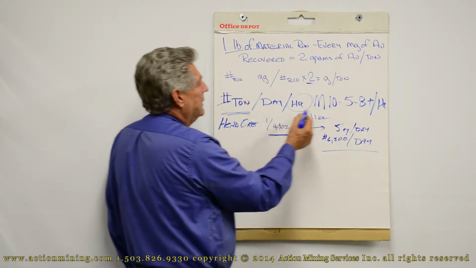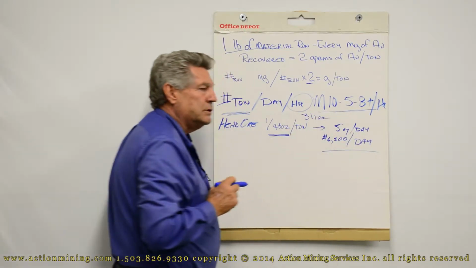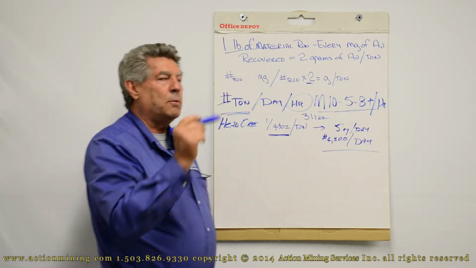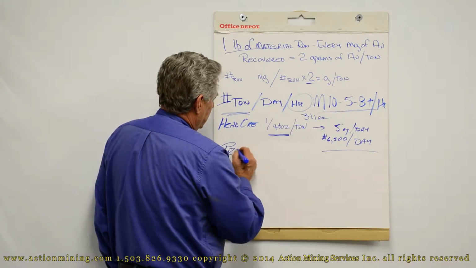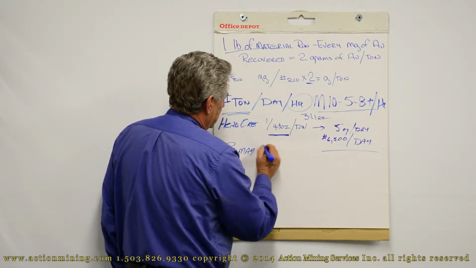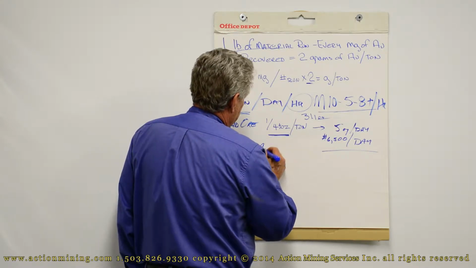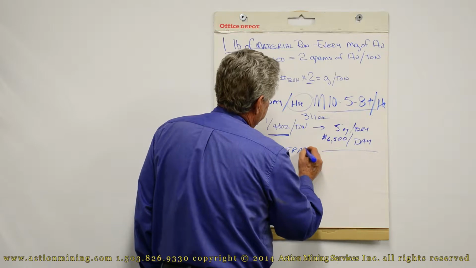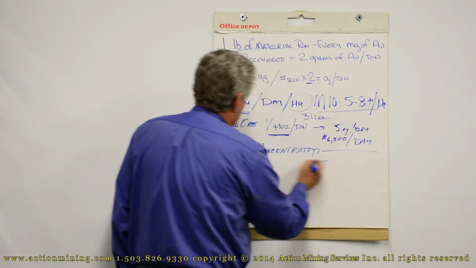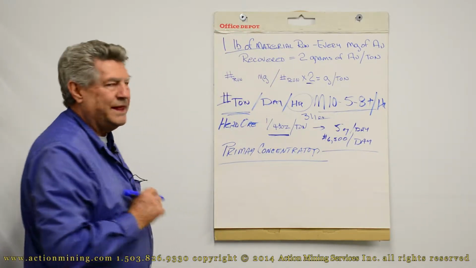Once we know that, then we can figure out how much you need to run on your primary concentrator. So now we know what that is.